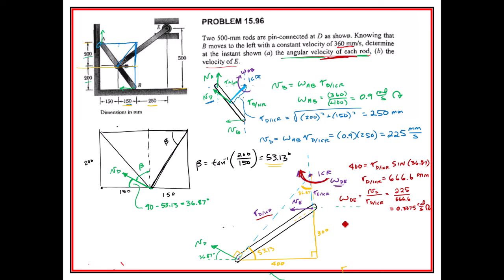Then for part B, we're going to need to find VE. We use the omega DE we just found and multiply it by the RE with respect to ICR.